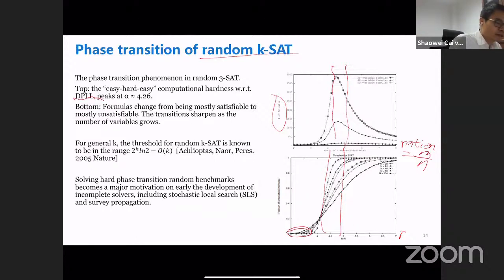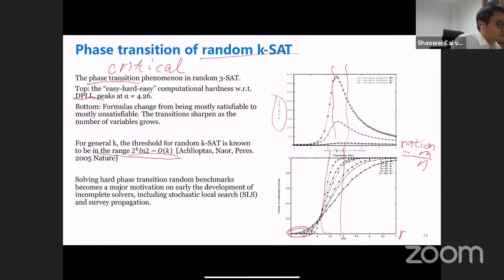And then when the ratio becomes larger and larger, suddenly there is a sharp area, and beyond this area, the formula becomes unsatisfiable, and this can be proved theoretically. Is there a critical point of the phase transition? Now there is an assumption that there is a critical point, but it hasn't been proved exactly yet. So it usually sits in this range.